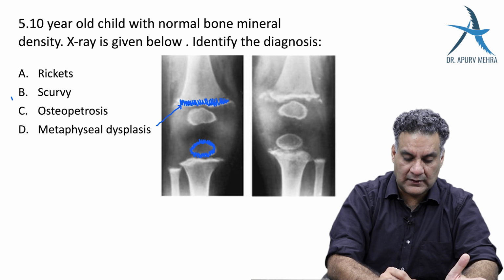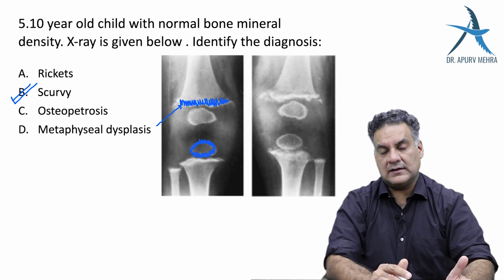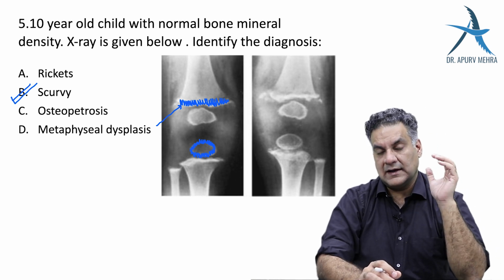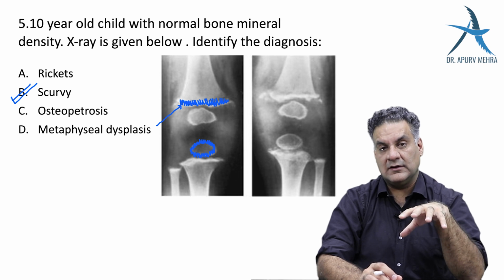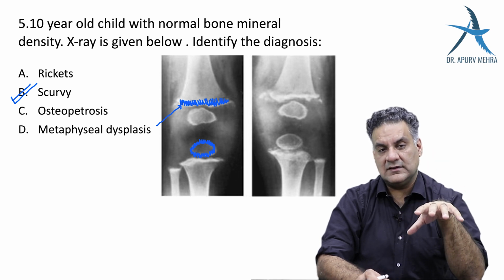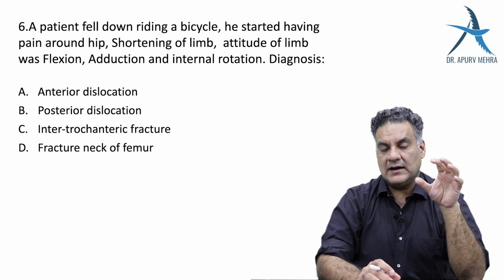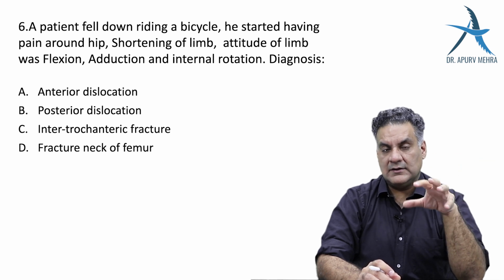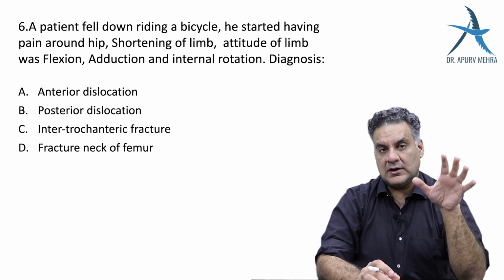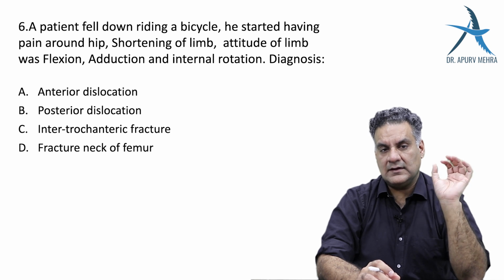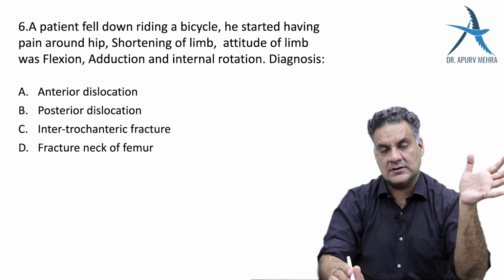And in fact, this Wimberger ring sign is a classical, one of the diagnostic radiological features of scurvy, which is vitamin C deficiency.